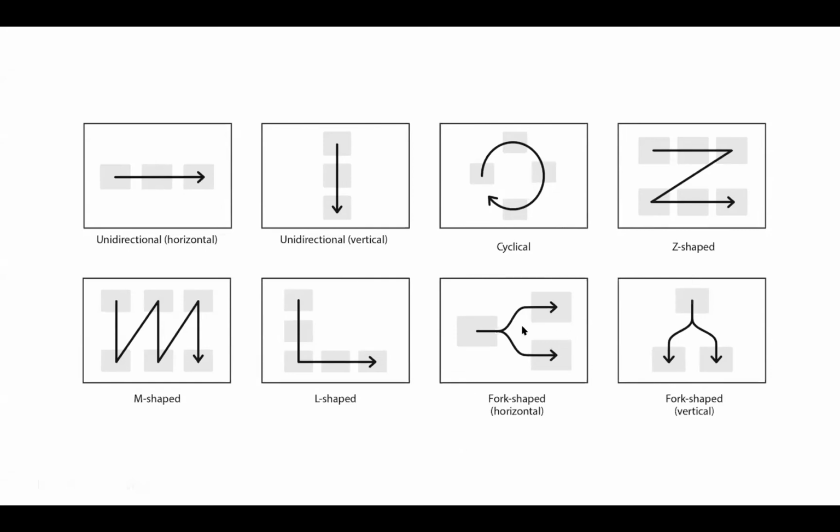I'm going to skip down to the fork shape because I think that's usually one of the most common compositions I see for grants, this kind of fork in the road. Maybe you have one experiment or one endeavor to come out with two specific aims, or depending on the number of prongs on the fork, you can have different numbers of outcomes.